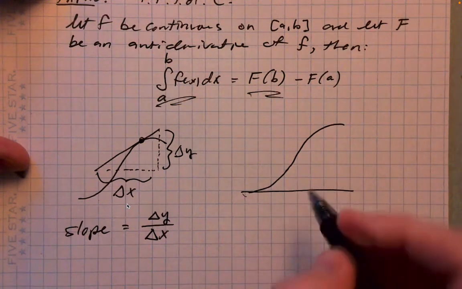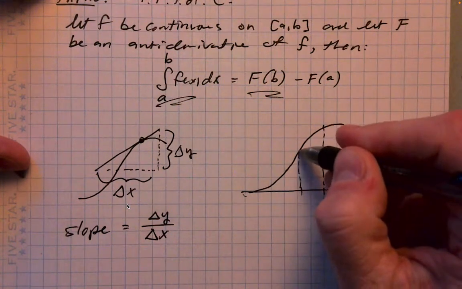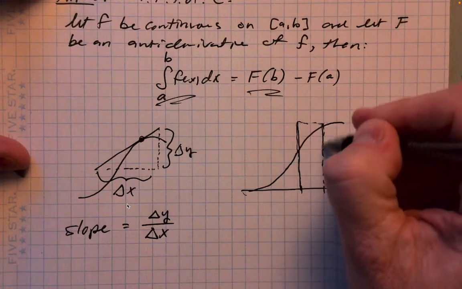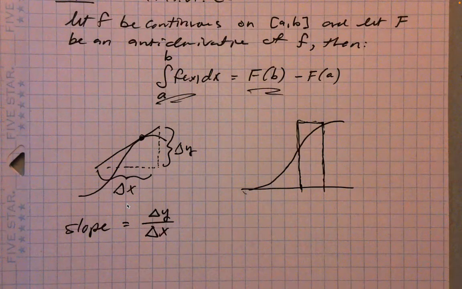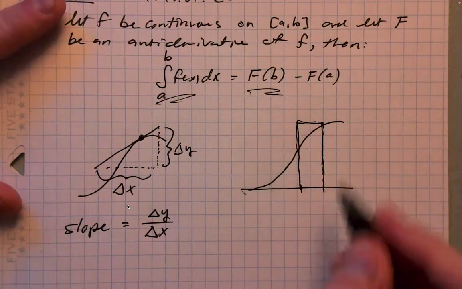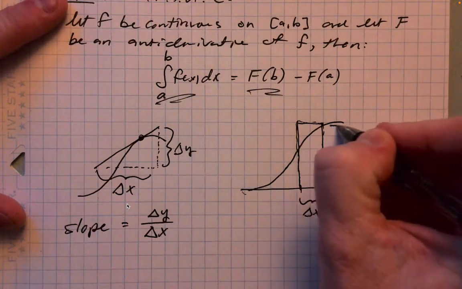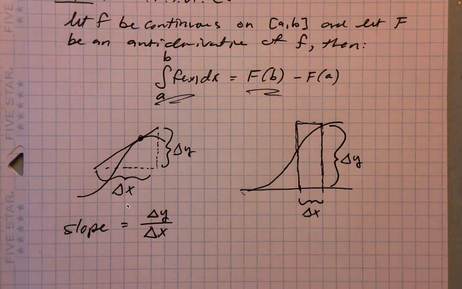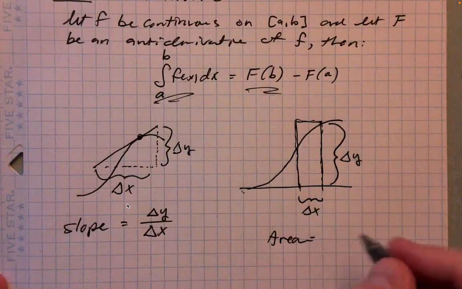So maybe there's an x-axis here, and you've got some interval, and what we do with definite integrals is we generate some sort of rectangle, using whatever method, either lower sums, upper sums, Riemann sums, whatever the case may be. And from that, we derive a width, which we denote as delta x, and we derive a height, which we denote as delta y. And then the area here is the product of the two.